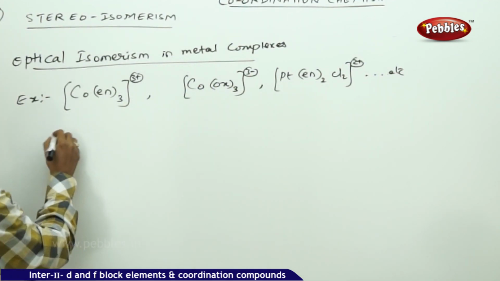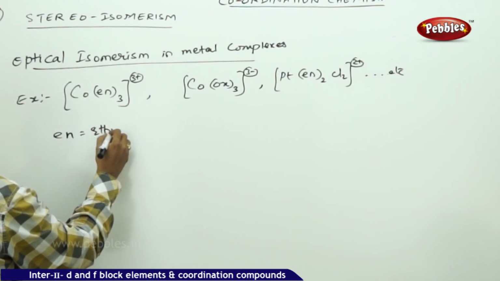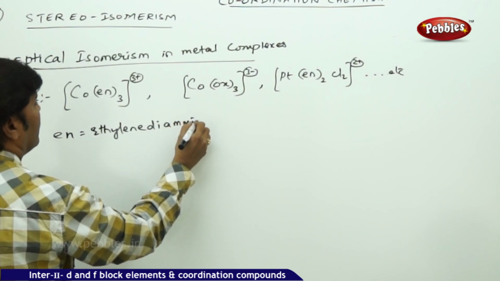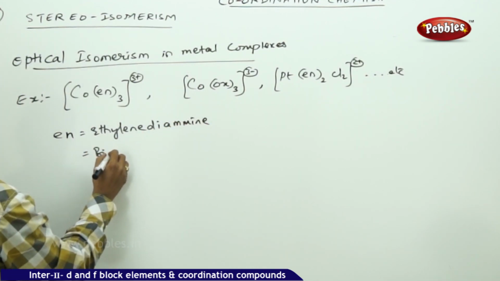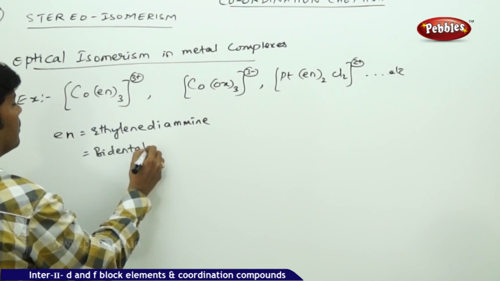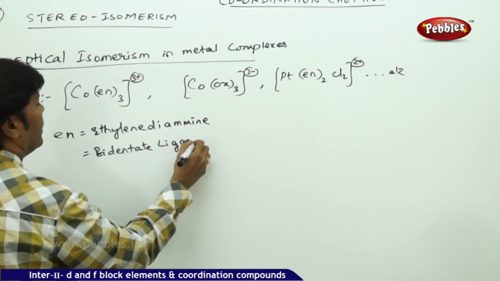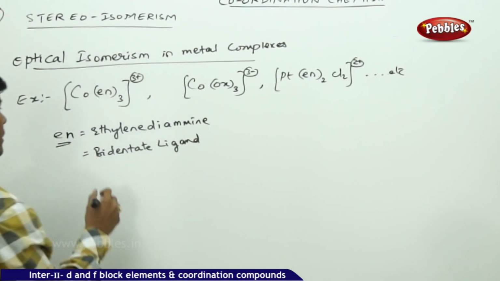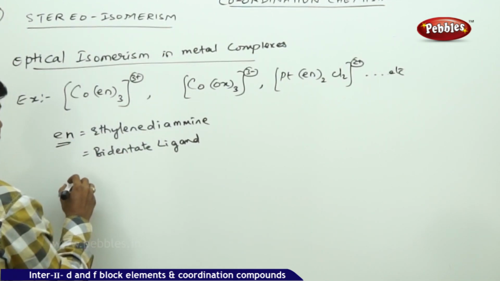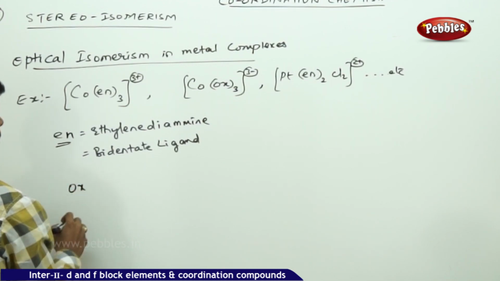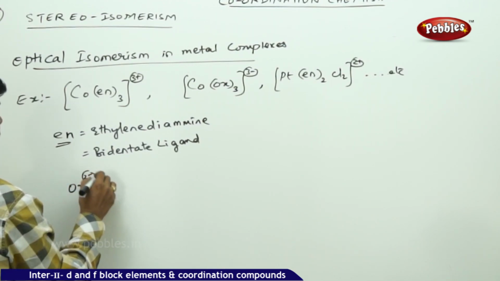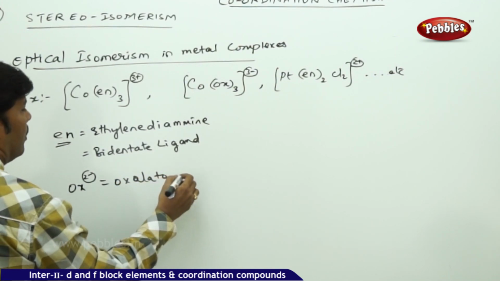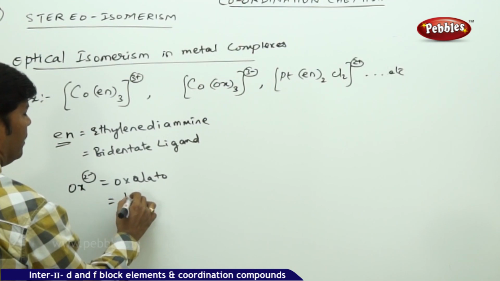For example, en is nothing but ethylene diamine, it's a bidentate neutral ligand, and ox2- is nothing but oxalato, also a bidentate ligand.